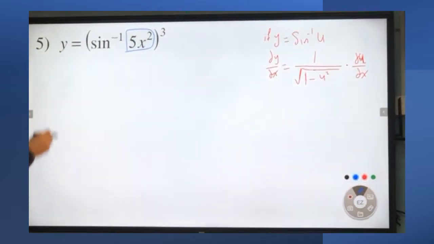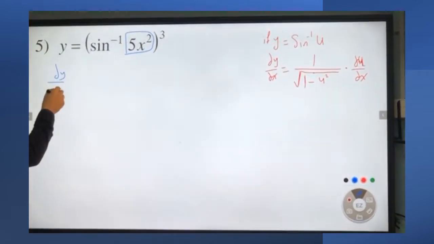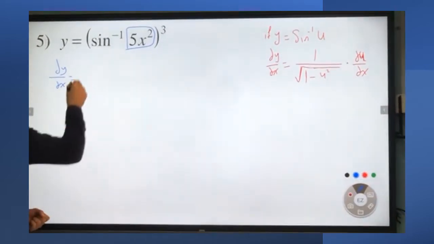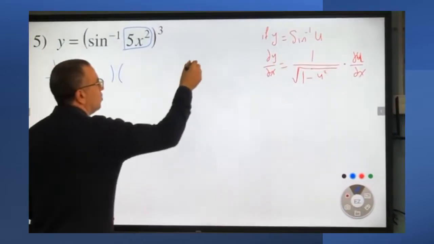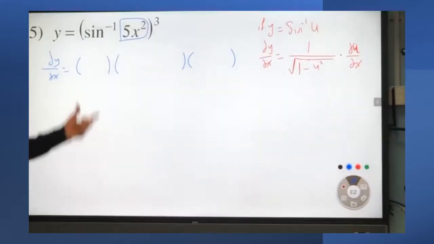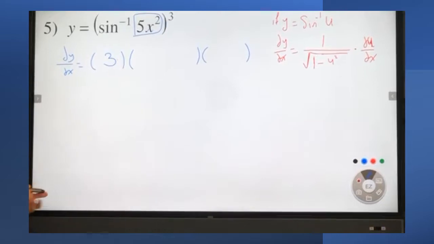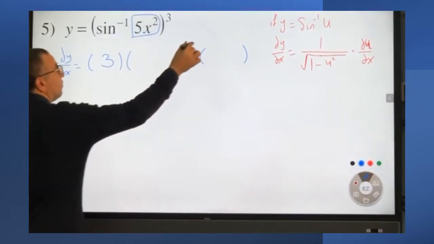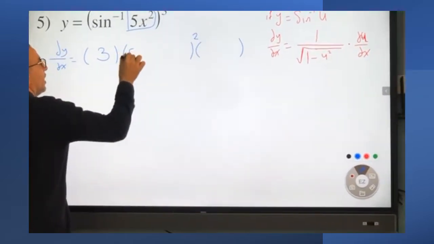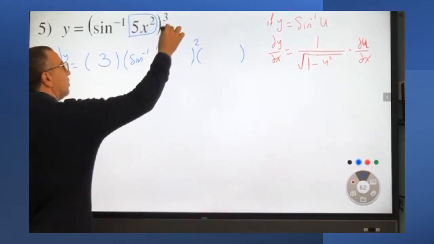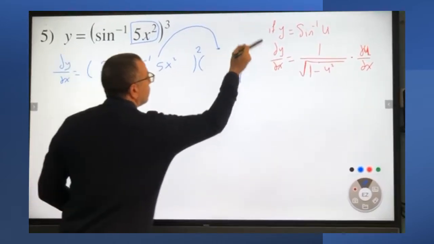But as we know, the derivative with respect to x for any chain rule consists of 3 parts, or 3 brackets: 1, 2, 3. First bracket, we put down the power, which is 3. Then I subtract 1 from the power, and I keep the function sine inverse of 5x squared. Multiply the derivative of this function.